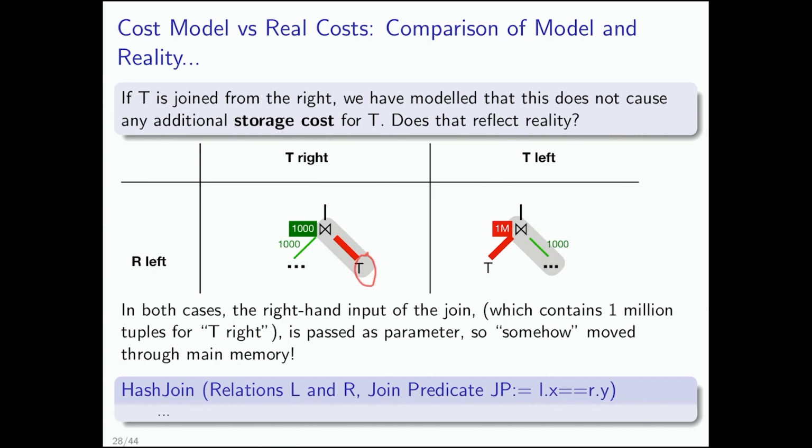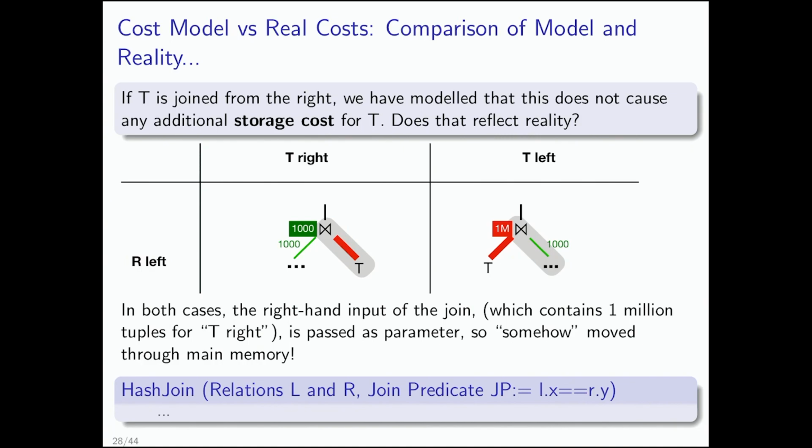If you look at the model, we said only the left input is going to be considered because the left input will be used to create the hash table on. So T is processed in a streaming fashion, tuple by tuple: you probe one tuple, produce the output, and then you look at the next tuple. It doesn't make any sense to store all of the tuples from T in this operator. That doesn't make any sense algorithmically.